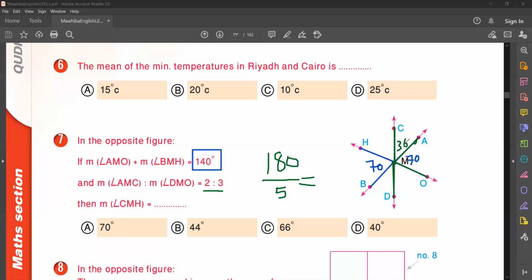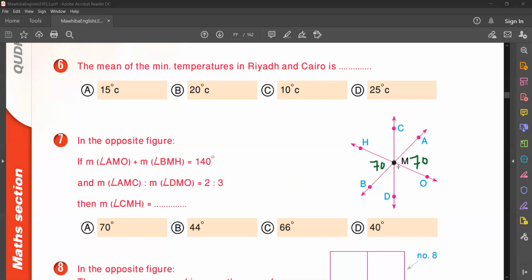Here will be 36. And here will be double. 36 plus 36 equal to what? 72. No, because here 180 here. Sorry. We find here 70. Look here 70 and here 70.